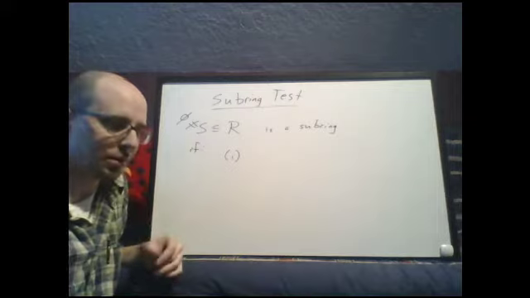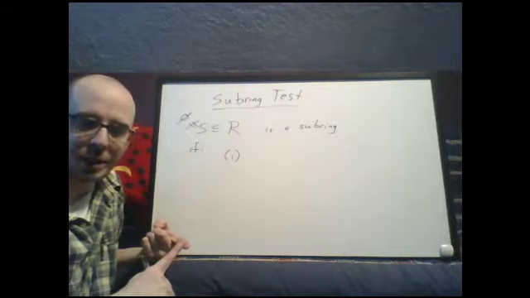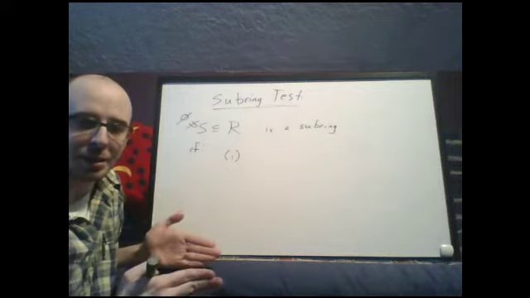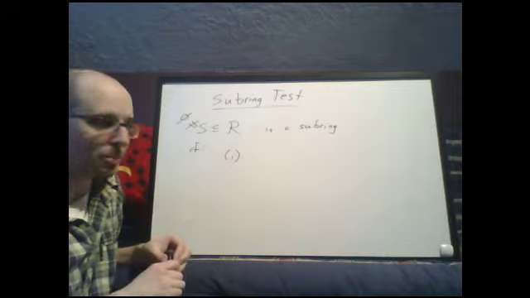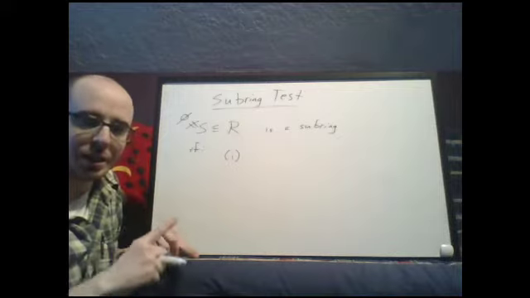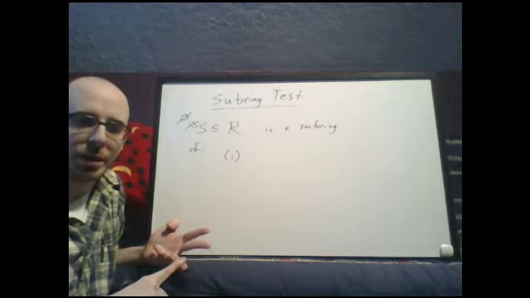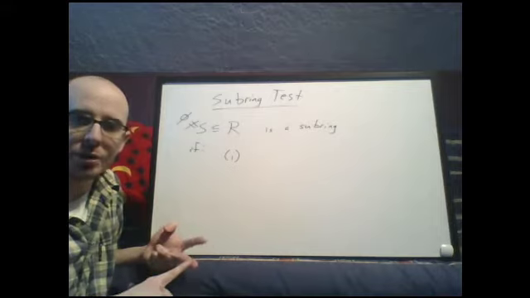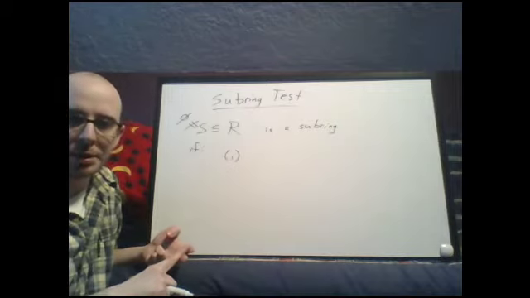Informally, by the definition, what I have to check would be that S is a ring with the same operations. So I have the two operations already established, and they already obey all the requirements to be a ring. But what I need to check is S is closed under addition, additive inverses, and multiplication. The first two, addition and inverses, are just the subgroup test, checking that S is a subgroup under addition.